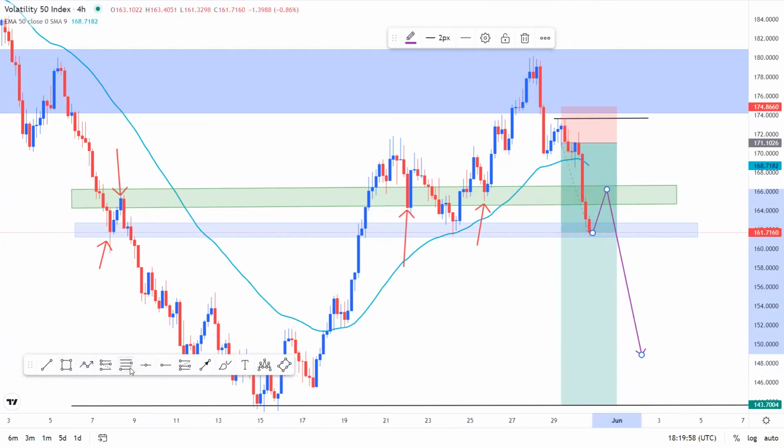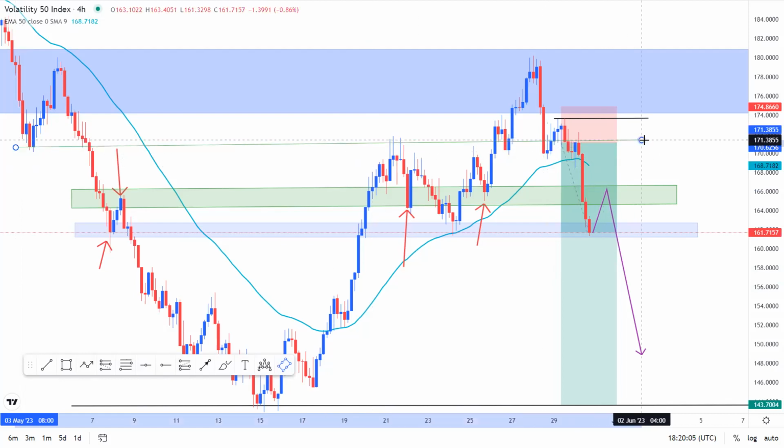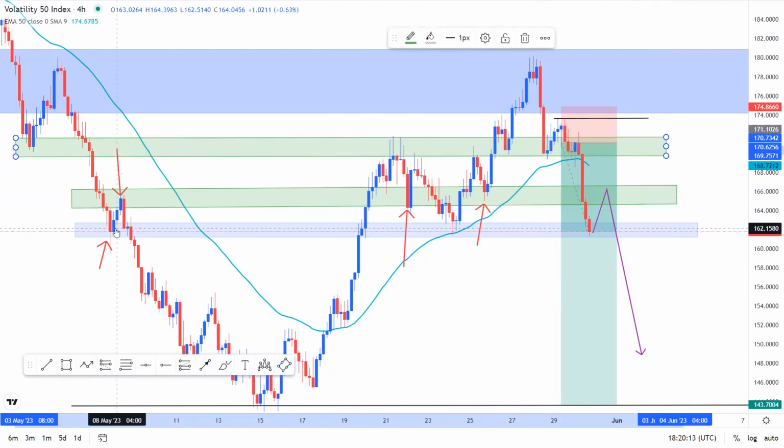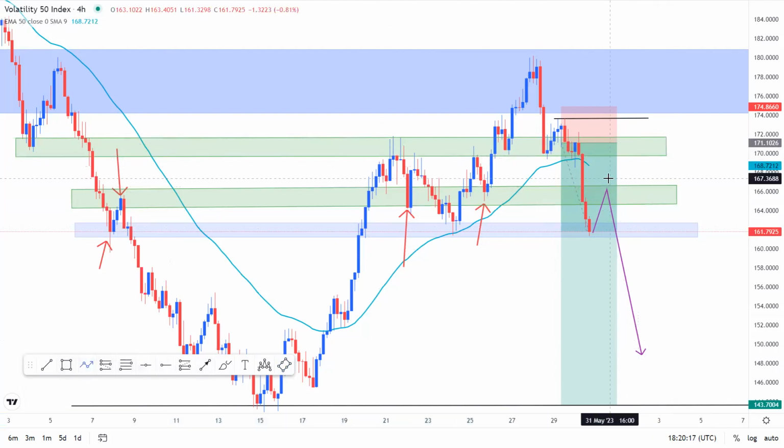We could also consider the level right here. So potentially we could have price also come into this level, and then this would be a valid level to watch.